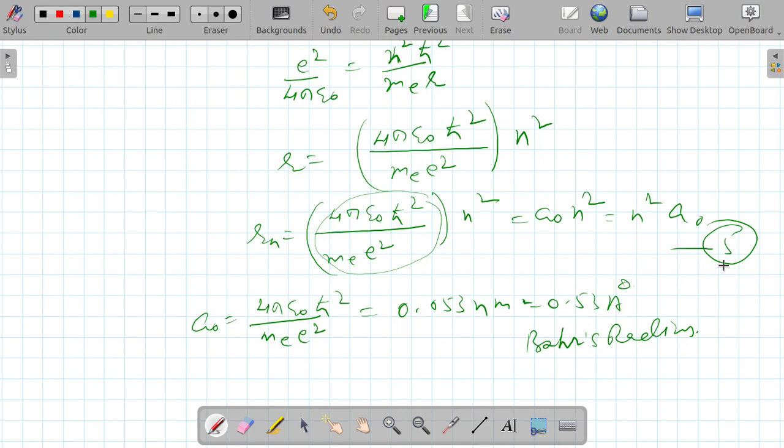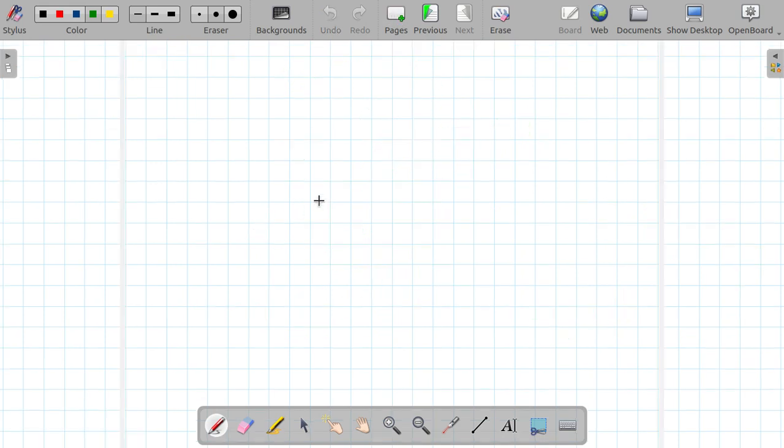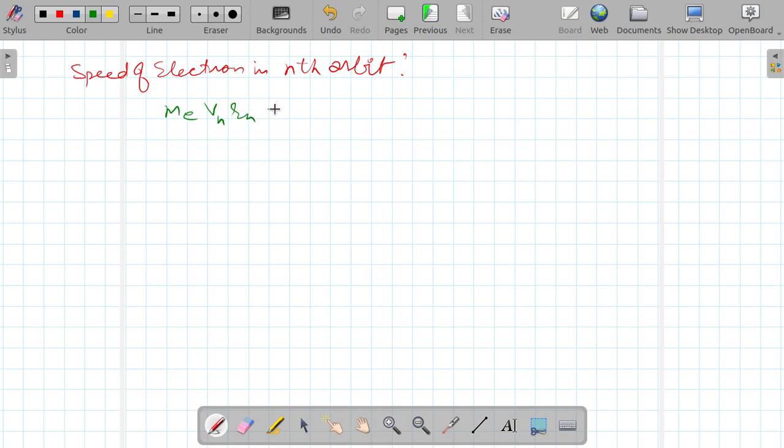Now let us calculate the speed of the electron in the nth orbit. Again consider equation number 1, and from equation number 1, as we know, me v rn is equal to n h cross. Here the n with v and r simply represents the velocity in the nth orbit and the radius of the nth orbit.